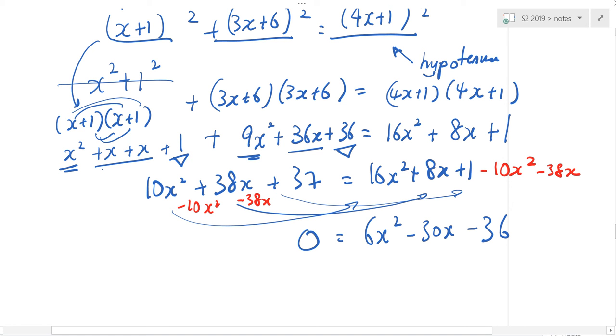How do I remove plus 37? Minus 37, minus 37. What's the reason? Why do I want to do this, Hafiza? Because once I have this, I can then factorize using the cross method.